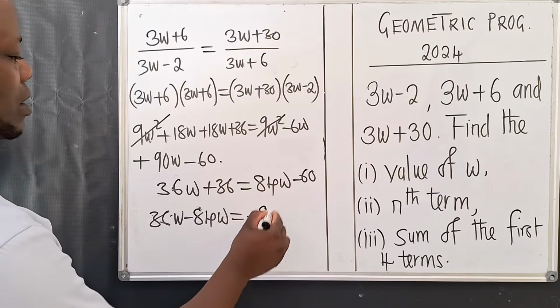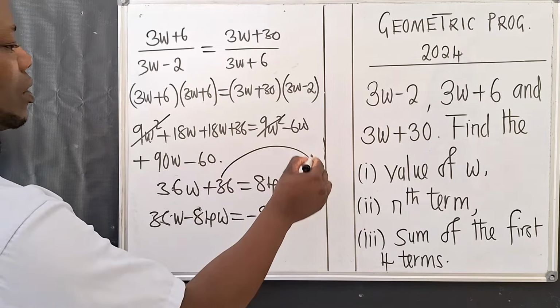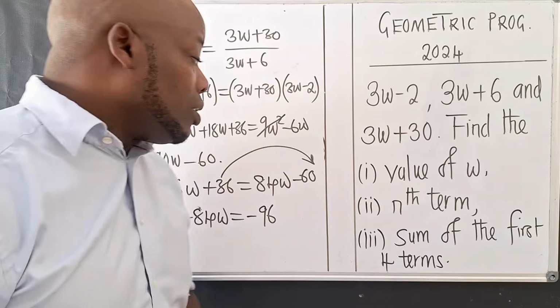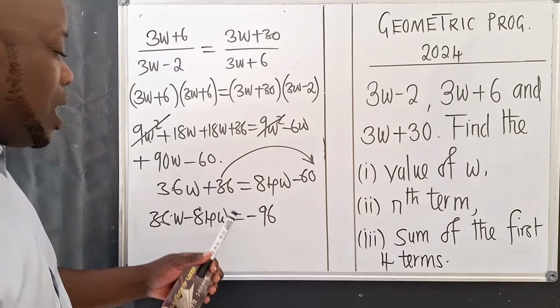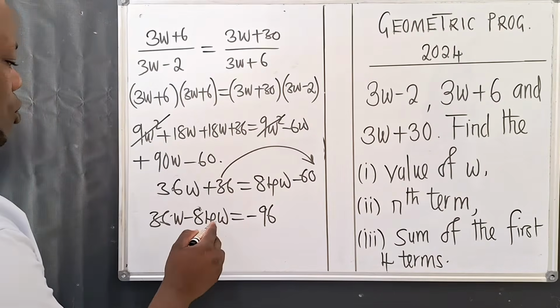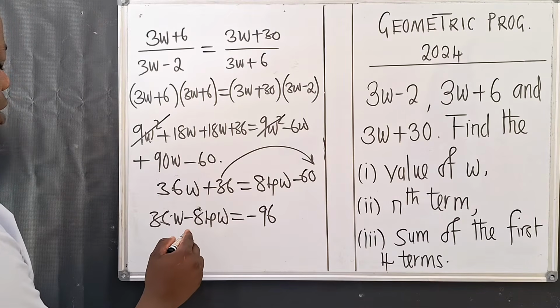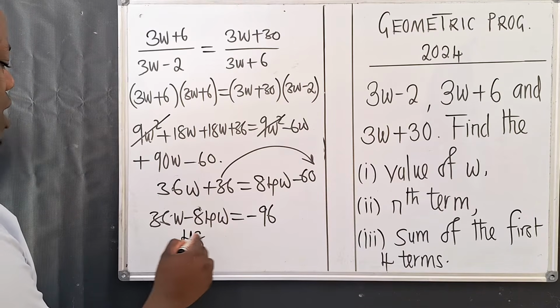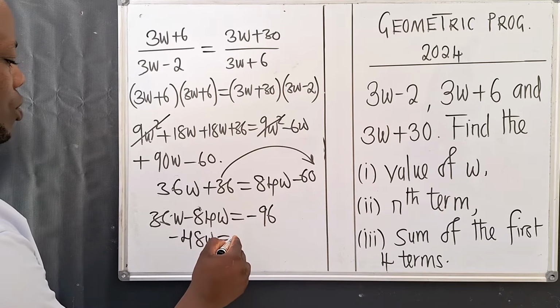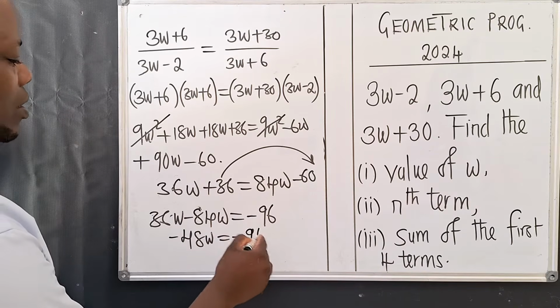When 36 comes to this side, it will be minus 60 minus 36, which will give us minus 96. When we work it out, we're getting 18w minus 84w, which is minus 66w, equal to minus 96.